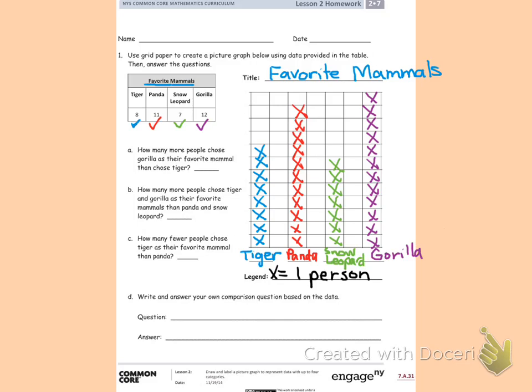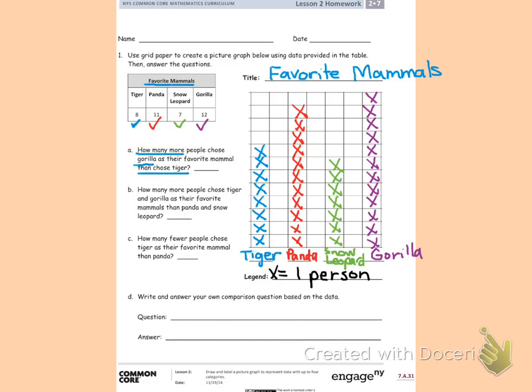Now let's look at item A. How many more people chose gorilla as their favorite mammal than chose tiger? I'm going to go ahead and underline the key details. How many more chose gorilla than chose tiger?